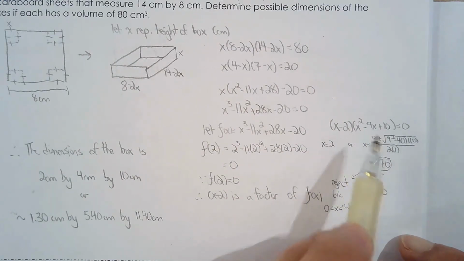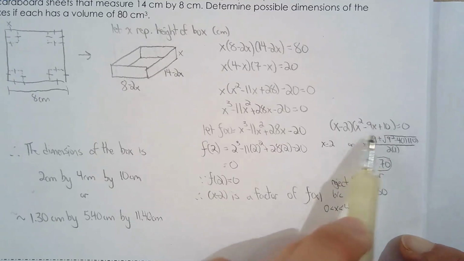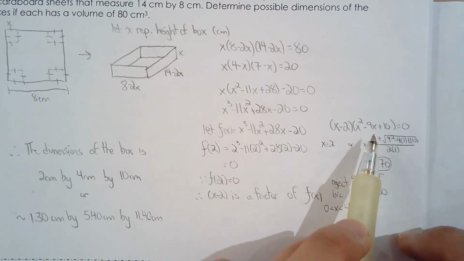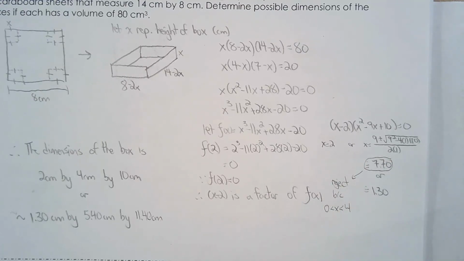For whatever reason, students just assume that the roots can be ignored here. Just because it's not factorable, students ignore the roots from that factor. And you most definitely cannot ignore the roots from that quadratic factor. As you can tell from this question, you get a solution that is meaningful to this word problem. So do not neglect these quadratic factors.